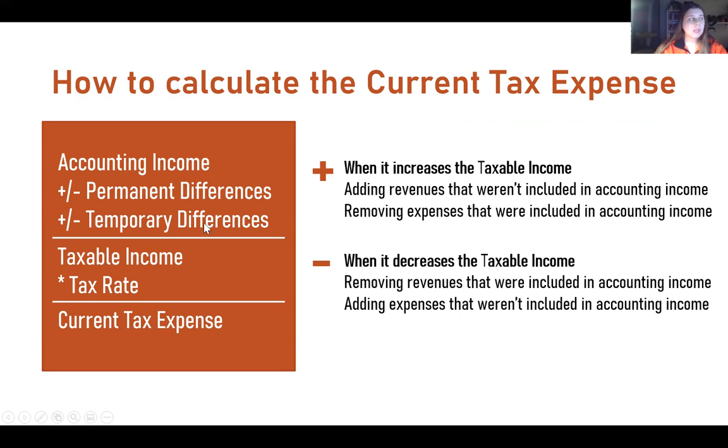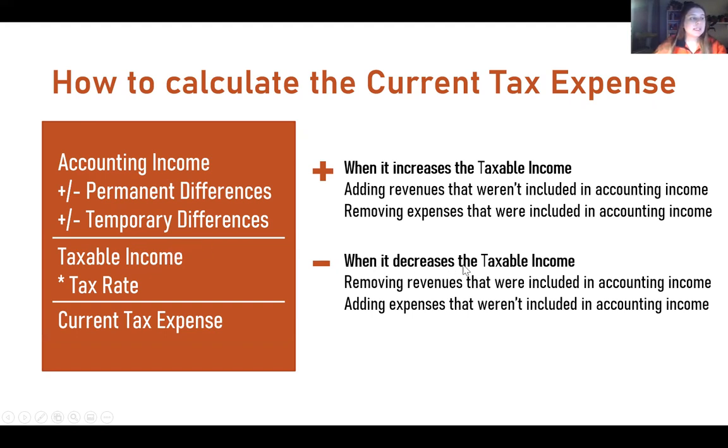For example, if your accounting income is missing $50,000 worth of cash that you've received during the year, you're going to add it, and your taxable income is going to be $50,000 higher. If you have expenses you've accrued but didn't pay cash for, they're included in your accounting income and reduce it. So you put it as a positive to remove that effect on your accounting income, which increases your taxable income at the end of the day.